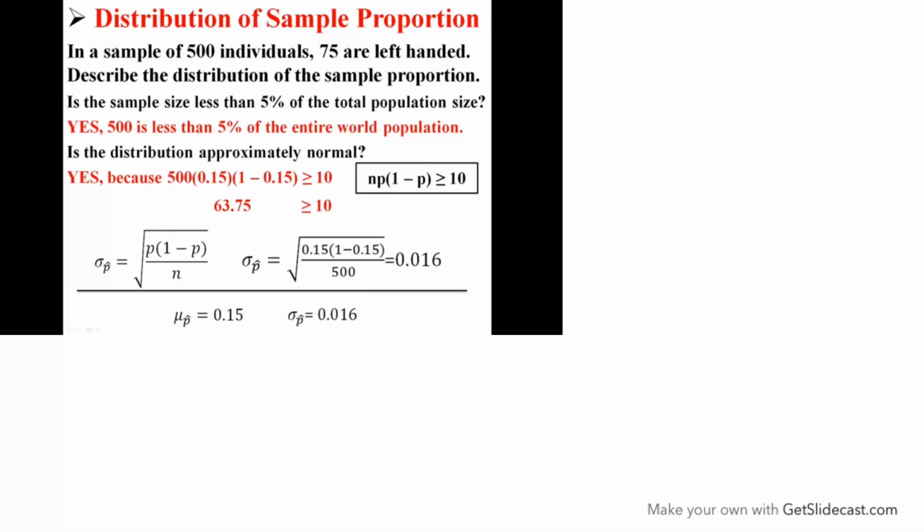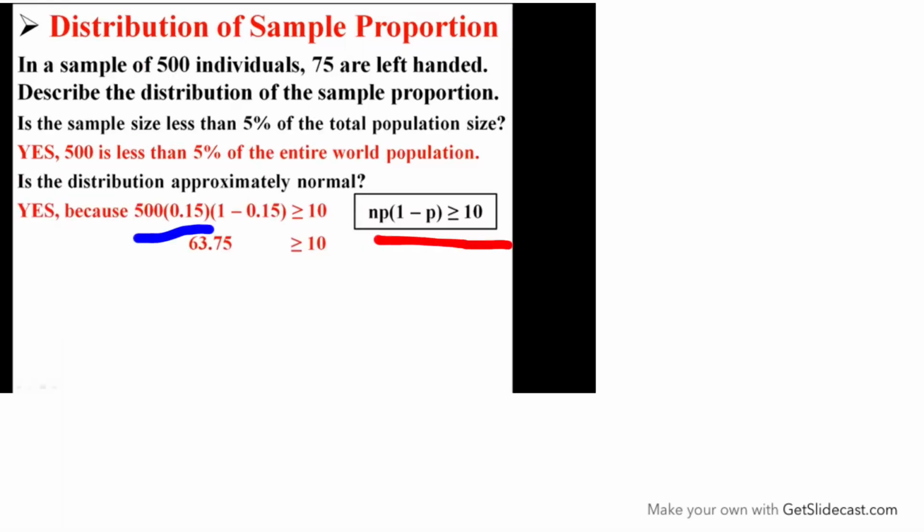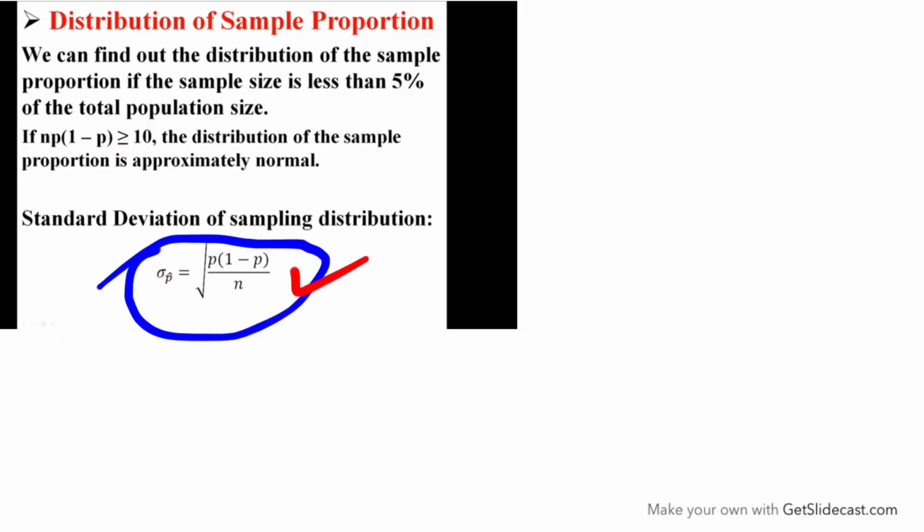Since it's greater than, you go over to applying the formula for the distribution of sample proportions and the standard deviation of sampling distributions.